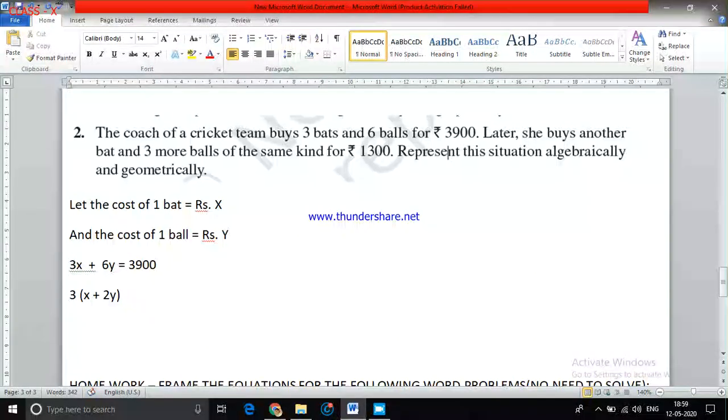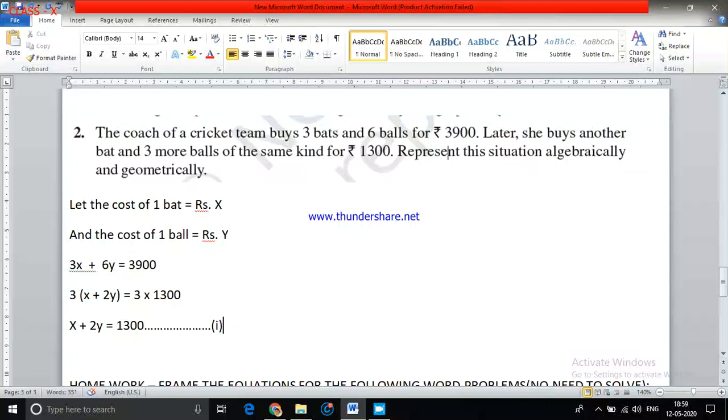If I take 3 common from the x and y terms, you can write 3900 as 3 multiplied with 1300. So if I cancel 3 on both sides, you are left with x plus 2y. Sorry, I wrote the equal sign. x plus 2y equals 1300. So this will be your equation number 1.